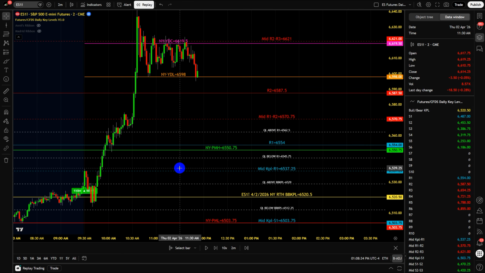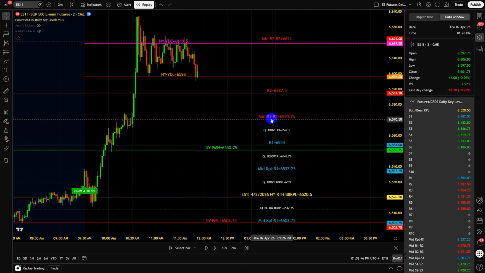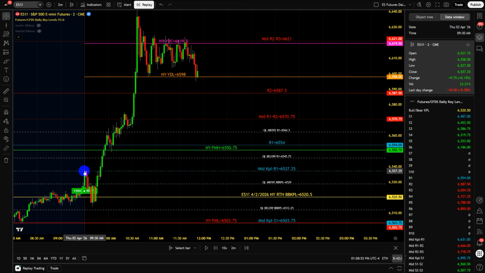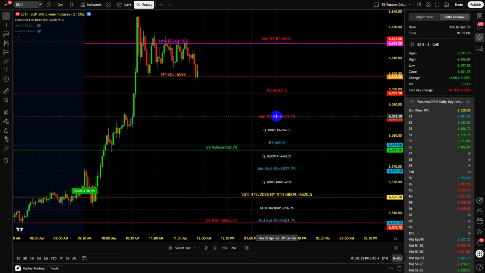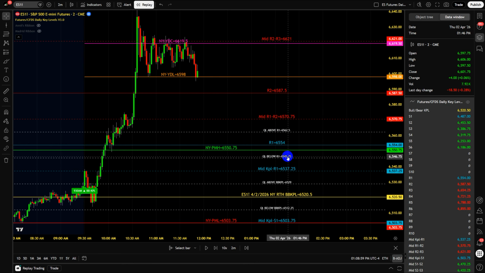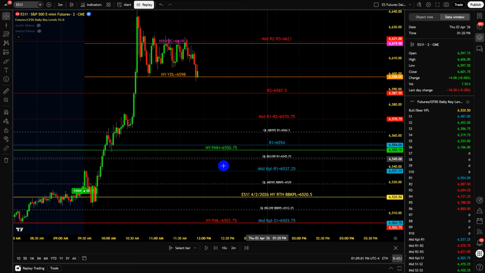So as an example, if you wanted to use the key levels, you could go to the QL below R1, since our trade started here. This is the zone we're looking at here. So moving it up a notch would be here, 65, 45, 75.